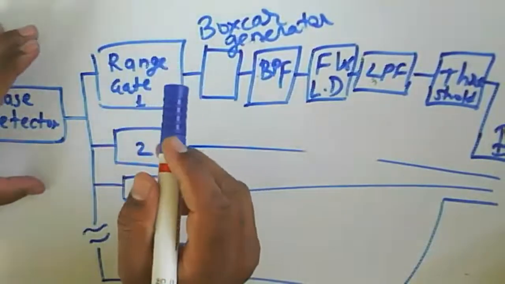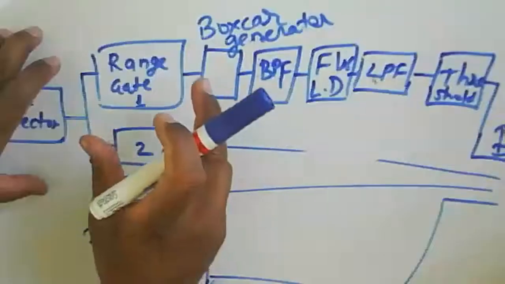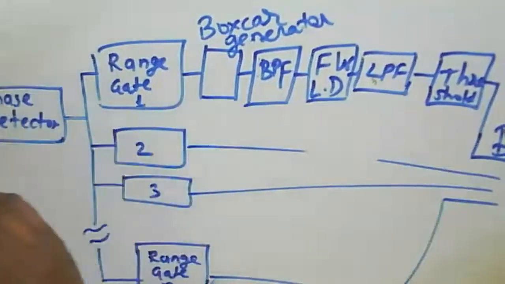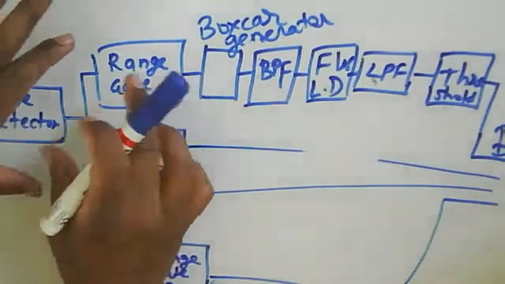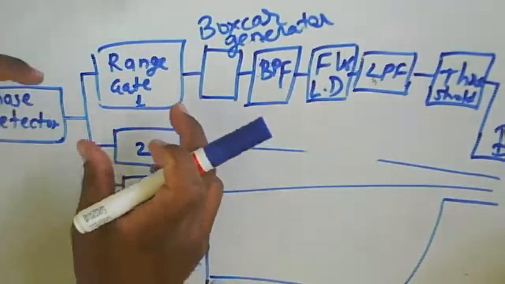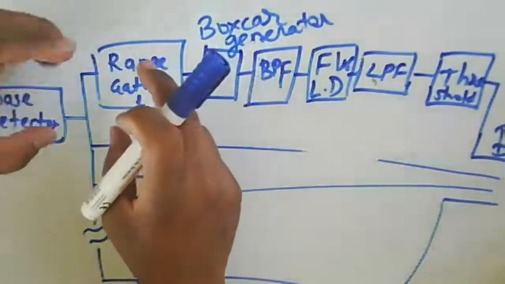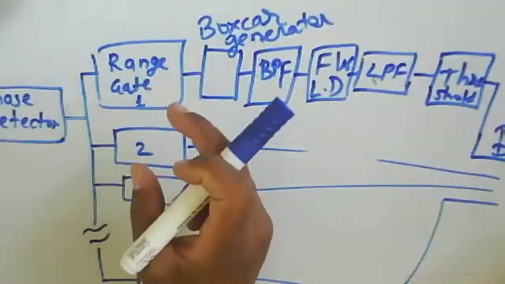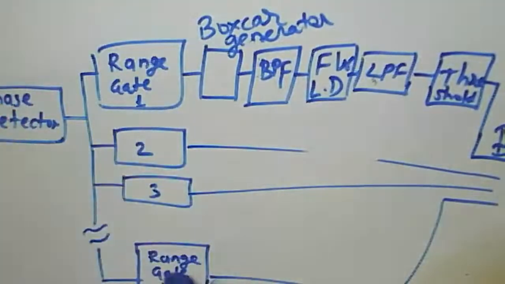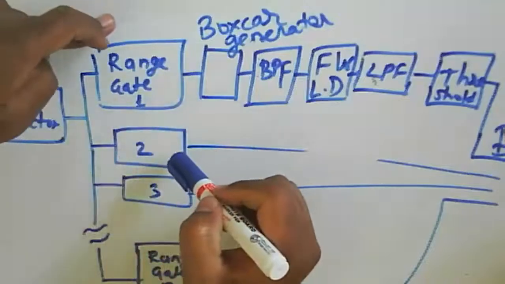This process is known as range gating, because we are quantizing the time into small intervals. The width of this range gate interval depends upon the accuracy required or desired.